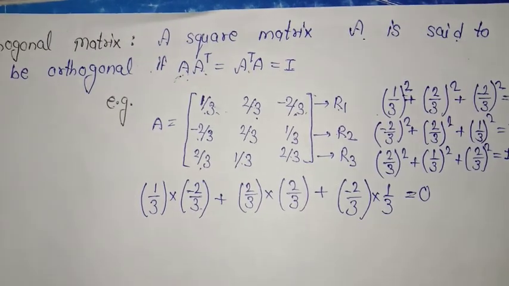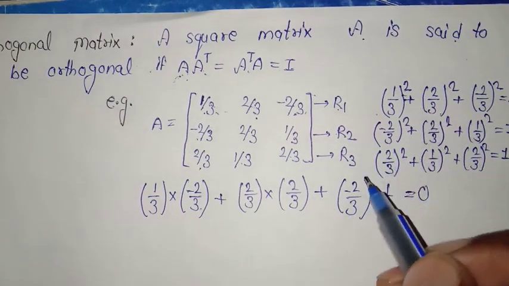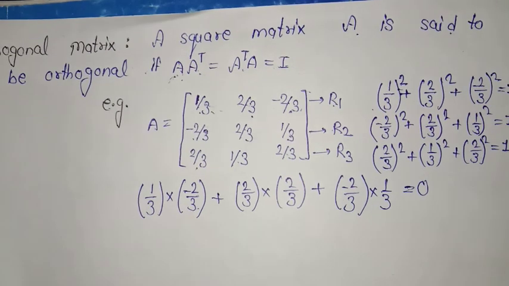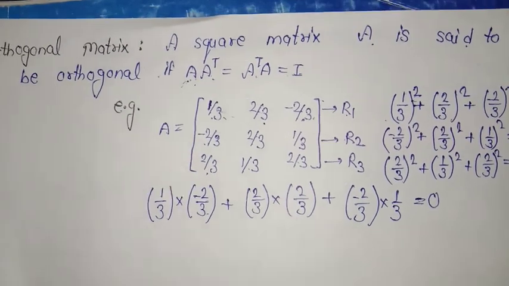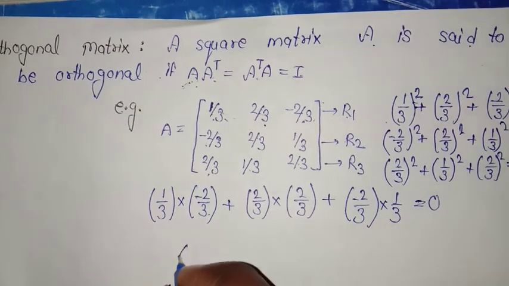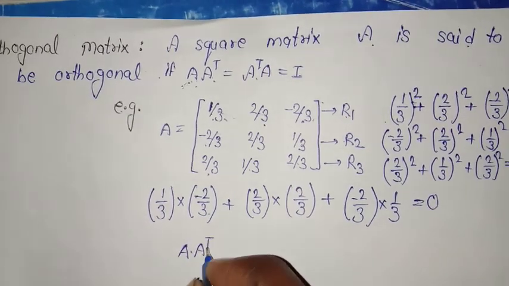Now, how do I say that these are properties of an orthogonal matrix? Let's check it out. We know that by the definition, a matrix is orthogonal if A A transpose equals identity.